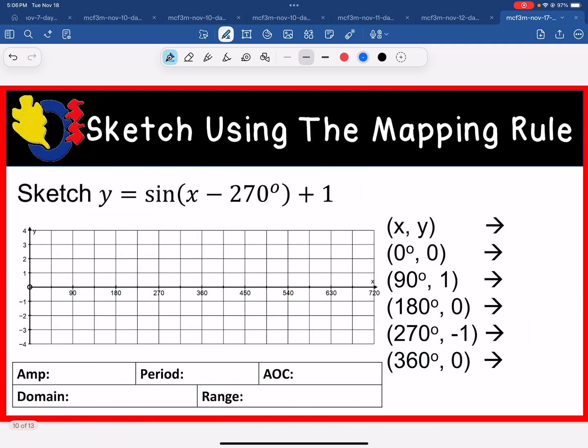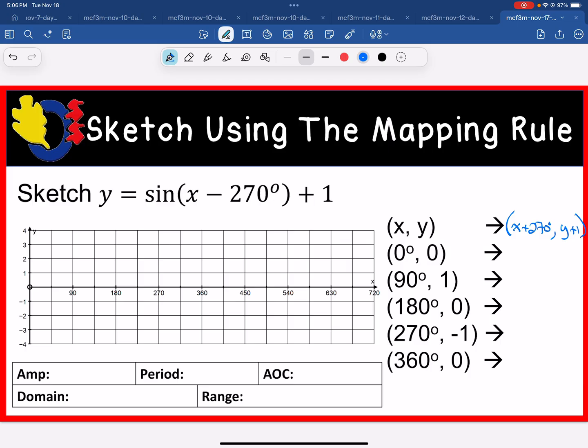All right, we'll look at one more example here. Okay, so again, there's no A and there's no K, so this makes my formula x plus 270, so that's all the horizontal pieces, and then y plus 1, that's all my vertical pieces.